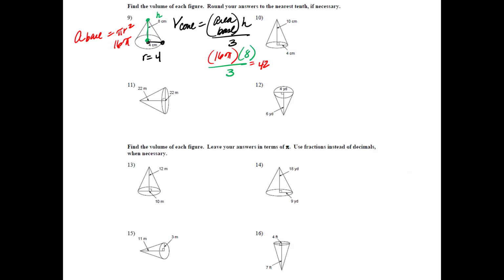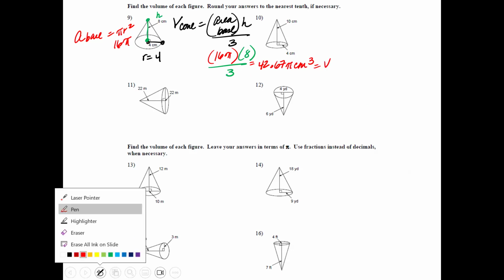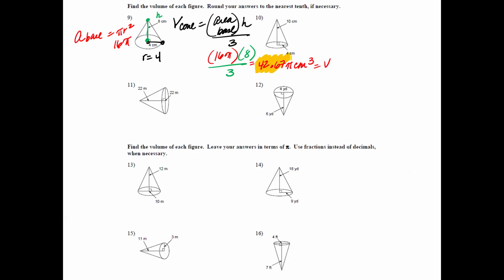Nope. Try again. 16 times 8 divided by 3. Divided by 3. That's what I did. Okay. 2 decimal places. Don't forget your pi. Centimeters cubed. That is your volume. Do you understand? Make sure you copy that part down.